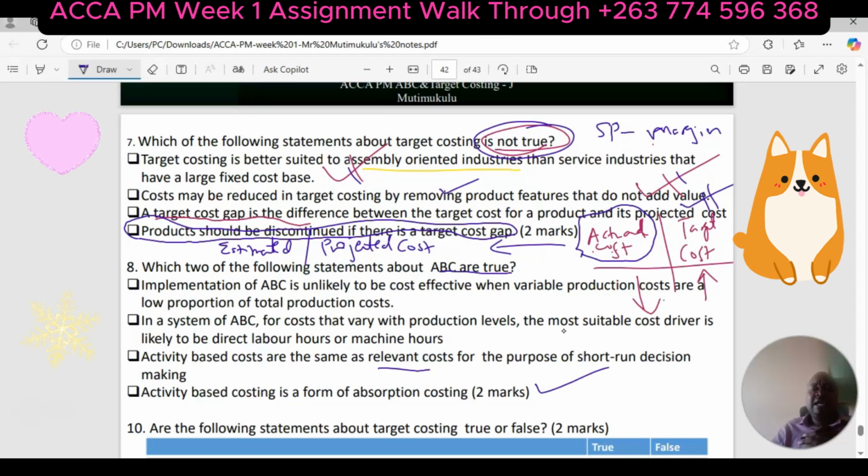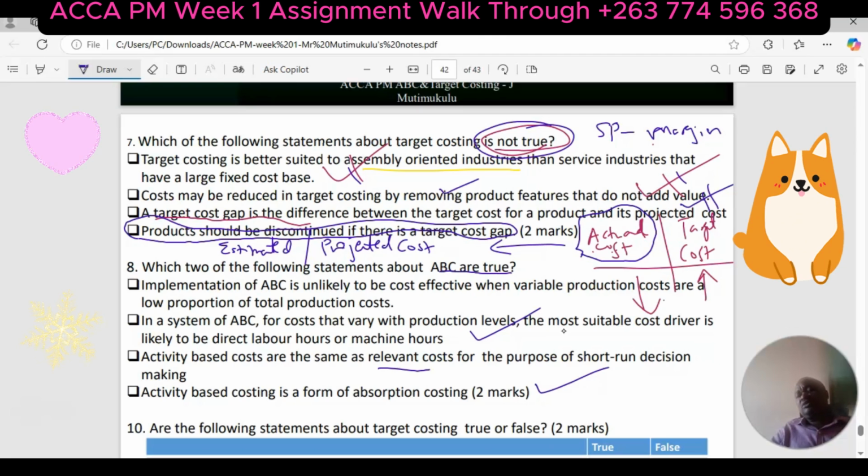Now, the other correct option there is option number 2. In a system of ABC, for costs that vary with production levels, the most suitable cost driver is likely to be direct labor hours or machine hours.